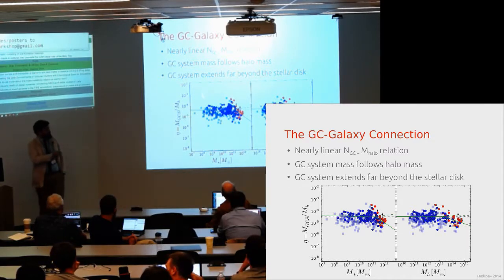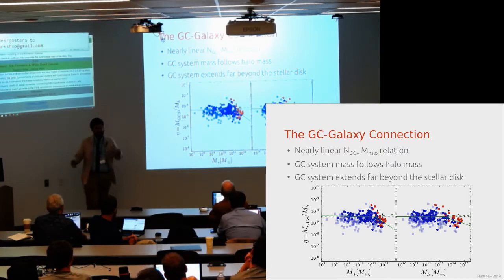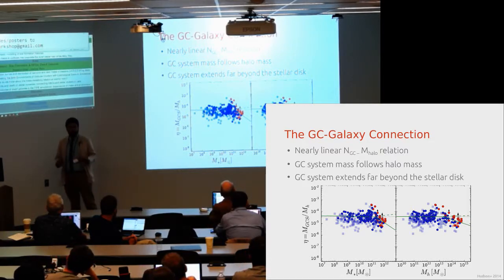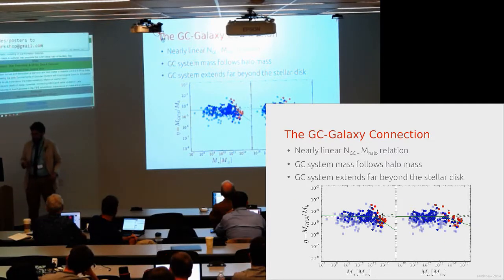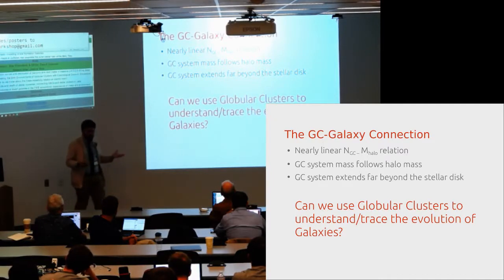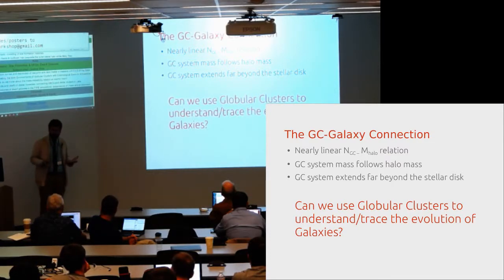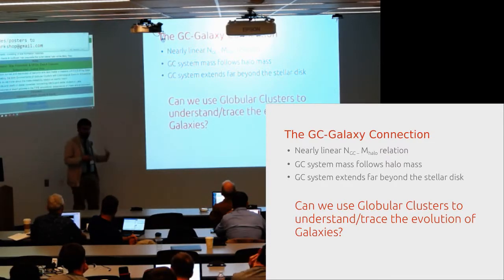And the fact that we tend to find them out far beyond the stellar disk suggests that they have an assembly history more complicated than the simple stellar disk that we see. So this brings up a question that's been discussed for decades now. Can we use these globular clusters to both understand galaxy formation as a whole and to trace the evolution and assembly history of individual galaxies?